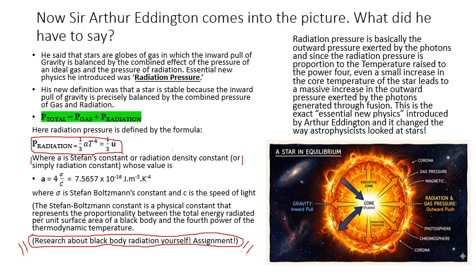So what is radiation pressure? It is basically the outward pressure exerted by the photons that emerge out of the core as a result of the fusion process.